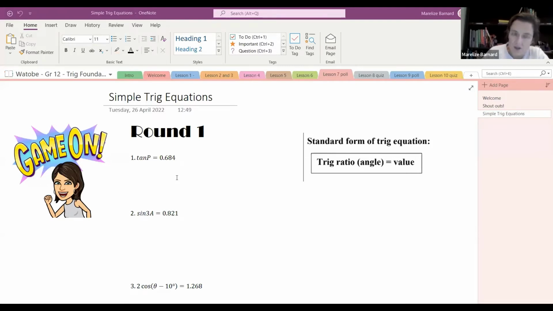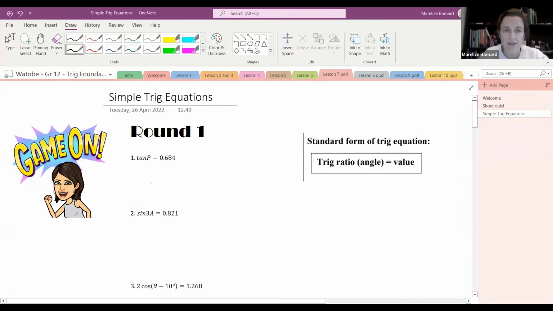And so if we have, and let's look at this first one, if we have tan of P is 0.684, so basically that says what angle, if I take tan of a certain angle, I get 0.684. And if you guys can just give me a second, I'm just plugging in my pen here. There we go.